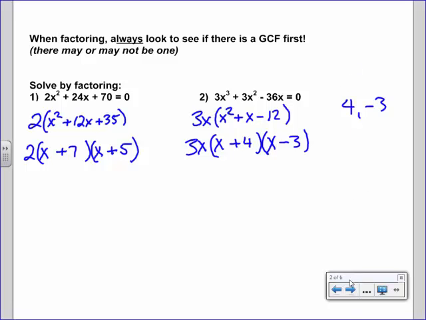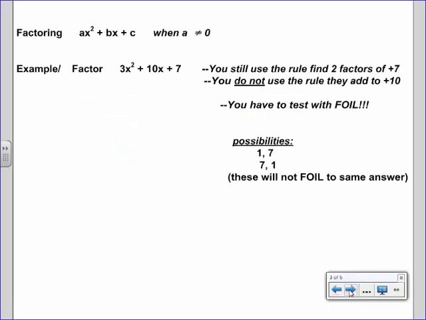Now, as you're going to see, we don't always have a greatest common factor. Looking at this one, we look and no, there is no GCF here. You still use the first part of the rule, two factors of positive 7, but you cannot use the second part of our factoring rule where it adds to 10.